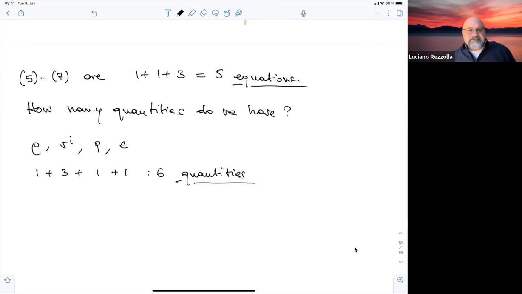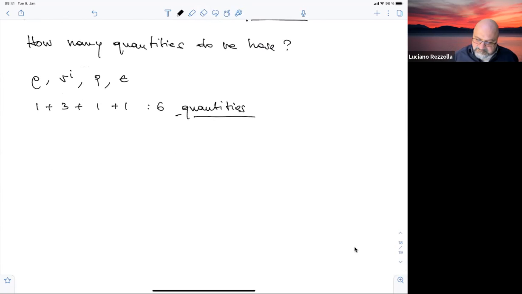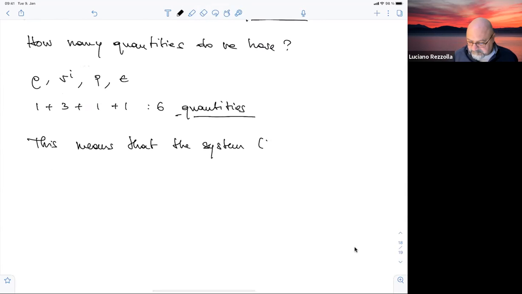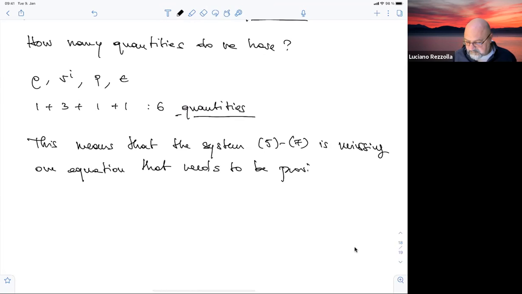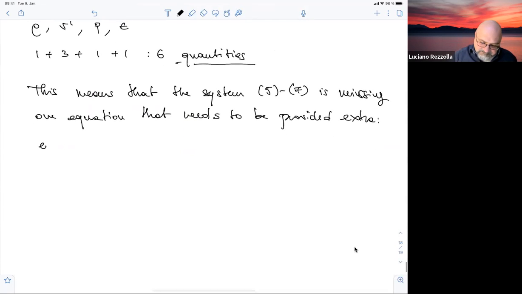If we were live, I would ask you, what is this? I don't have this option, so I will just give you the answer. This means that the system 5 to 7 is missing one equation that needs to be provided extra. And this equation is called the equation of state.